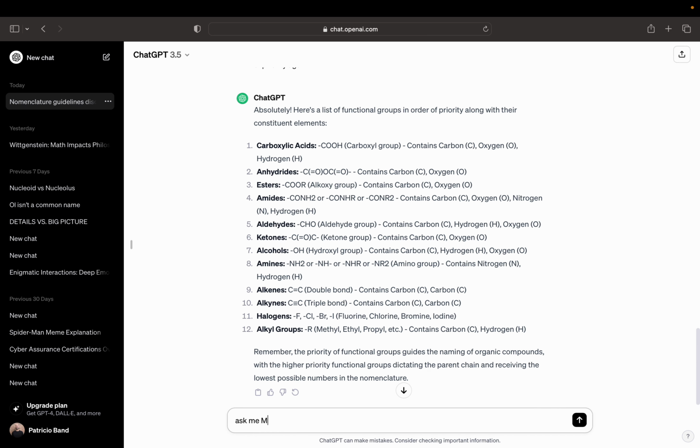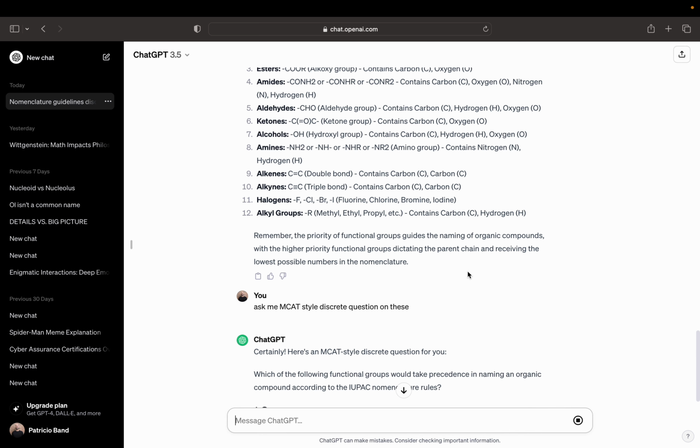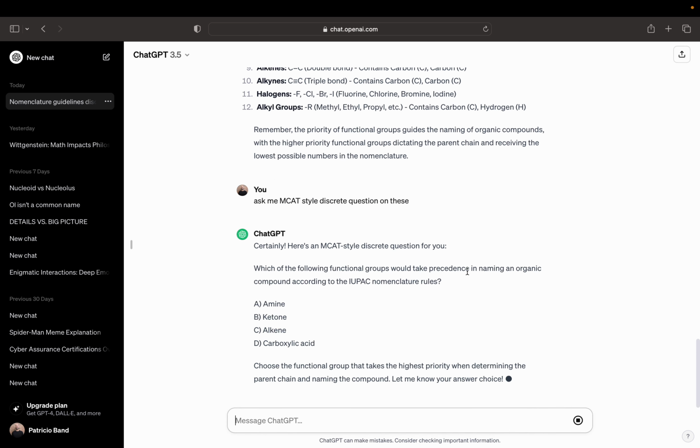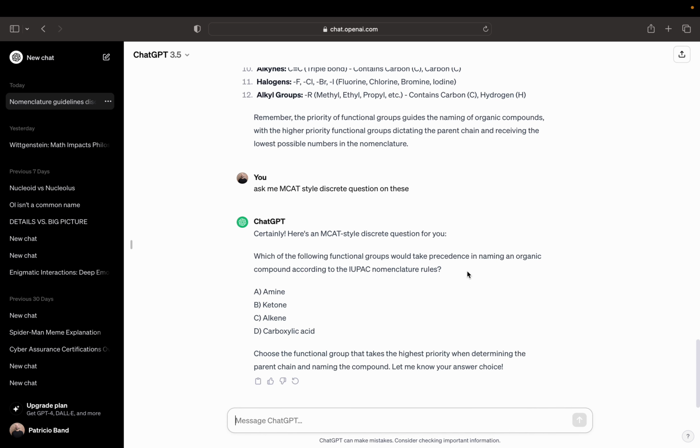Ask me an MCAT style discrete question on these. Which of the following functional groups would take precedence in naming an organic compound?